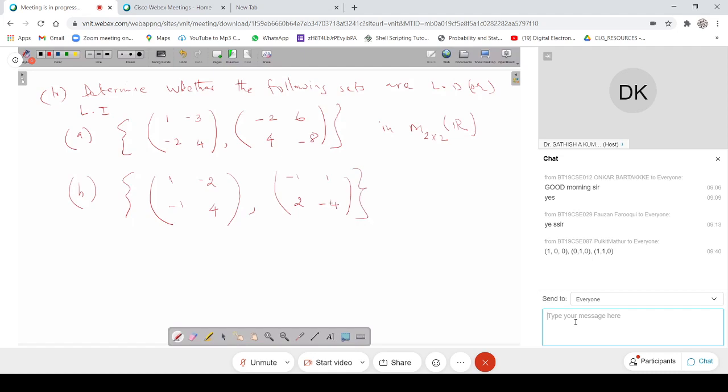So 1 minus 2 minus 1 4, minus 1 1 2 minus 4, in M2, the 2 by 2 matrices.